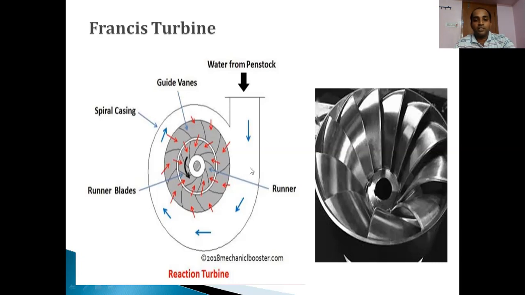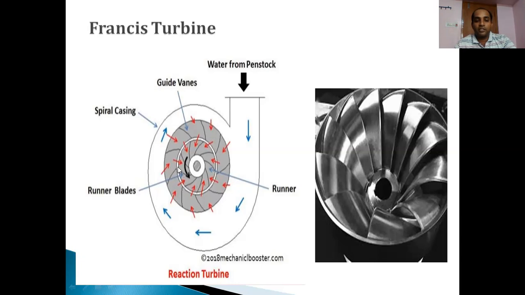So what it means, when there is a sudden deviation for this water entering from the dams through the penstock, there is a further increase in the kinetic energy of the incoming water. So part of the kinetic energy is used to strike through these guide vanes, and then it enters through the next set of blades known as the runner blades, which you can see here.